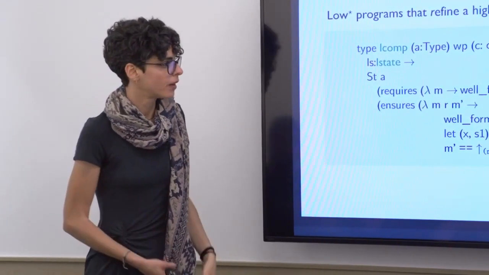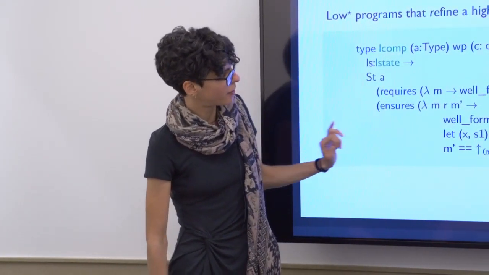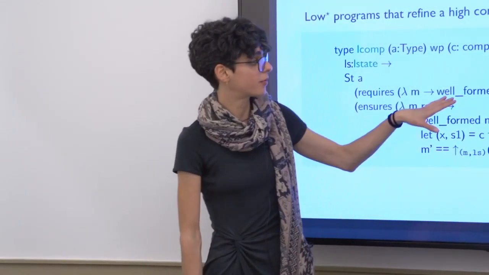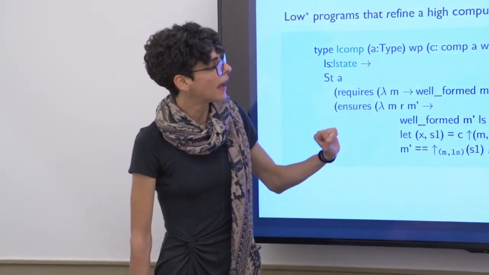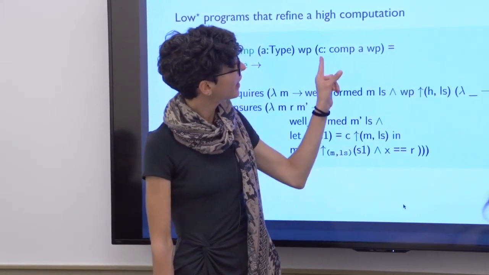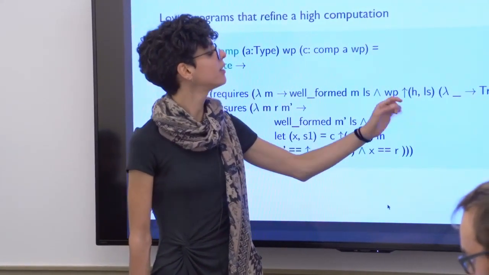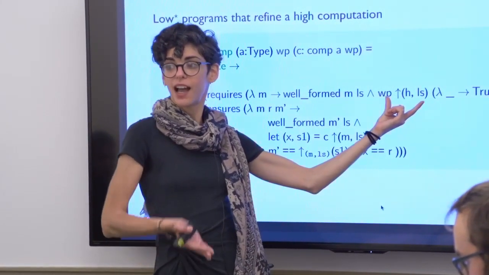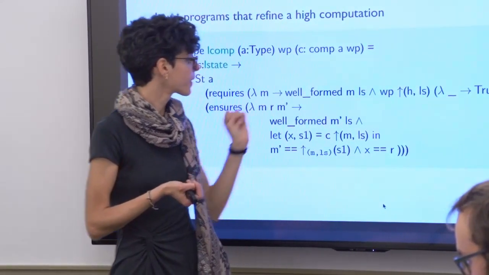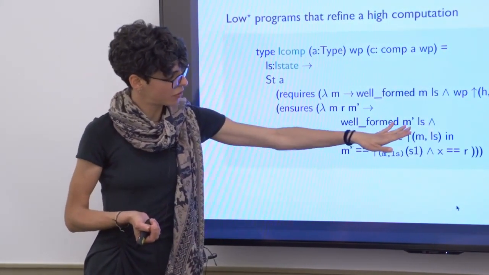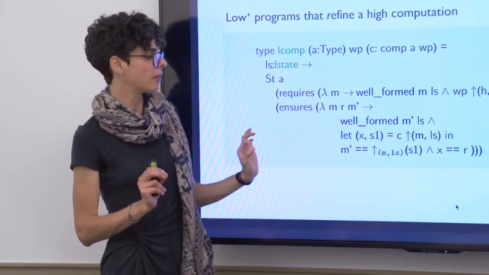Their specification says that if we start with a low state that's well-formed in memory, and if the weakest precondition of the high computation is satisfiable in the high state that we obtain by hiring the low state, then the resulting low state will be well formed in the resulting memory.